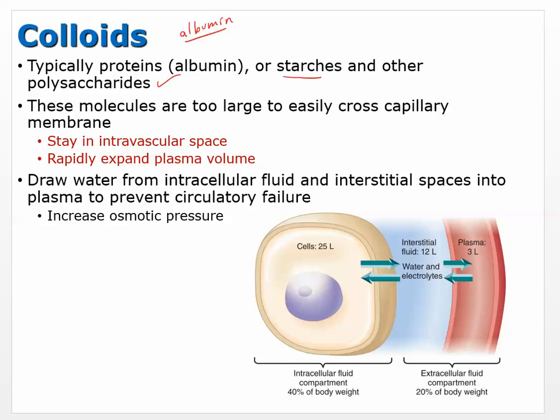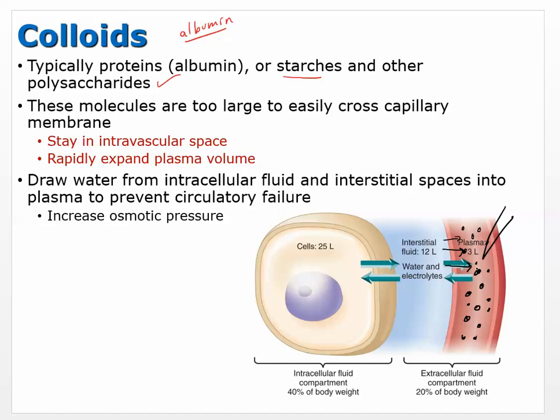So once they are put into the blood, they're designed to stay in the blood. A lot of times this is just the addition of albumin. You put albumin into the blood, then that's going to either hold or pull water into the blood vessel. And so we call those plasma volume expanders.